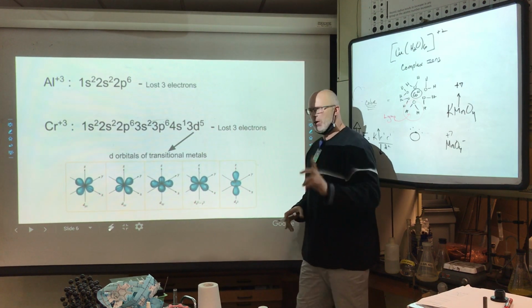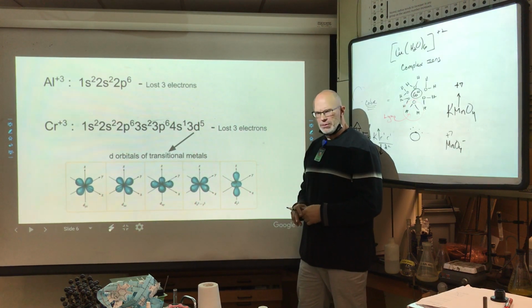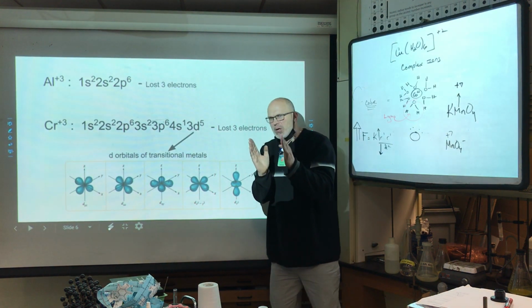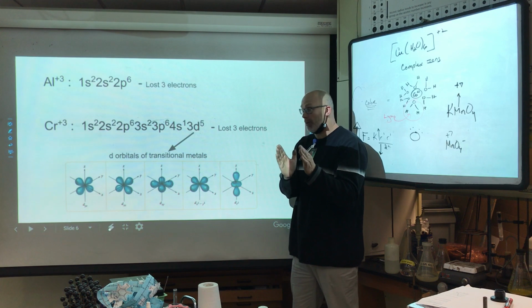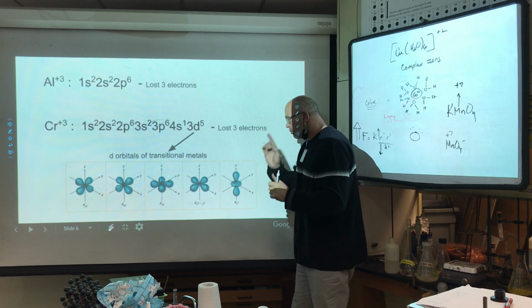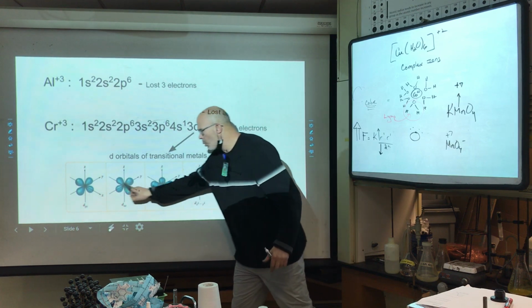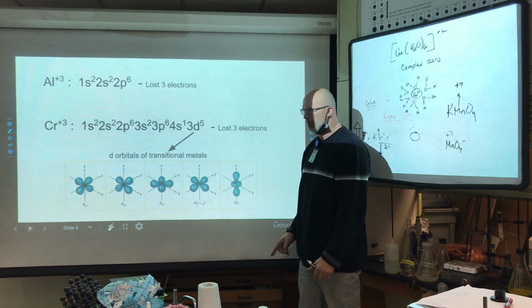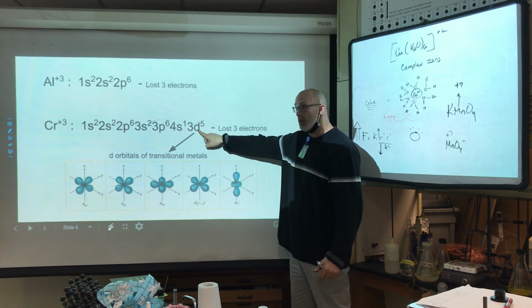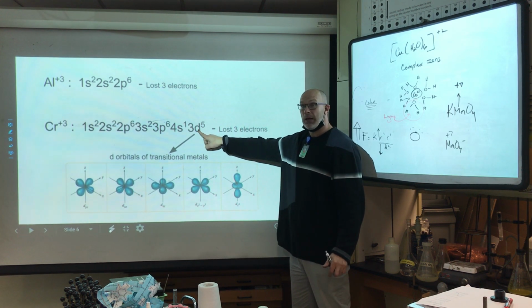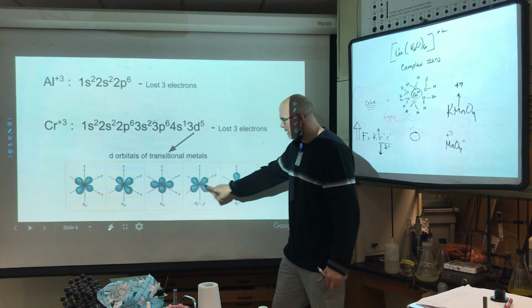That's really the key here for making colors. In Regents chemistry, we say you need to be a transitional element to have color. And the real reason is because you have these funky shapes where 2 electrons can exist. You're going to learn that the d orbitals hold 10 electrons. 2 electrons can be held in each of these shapes.